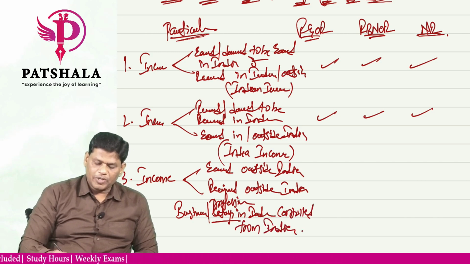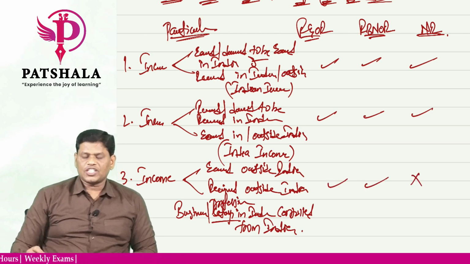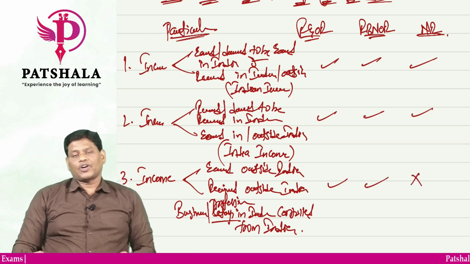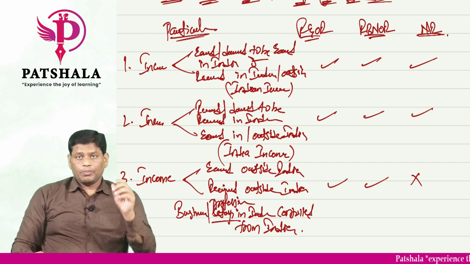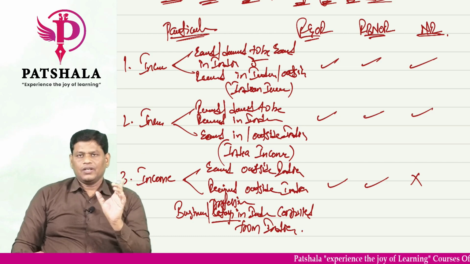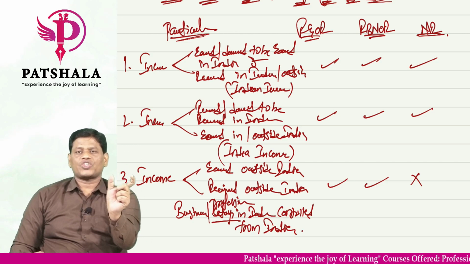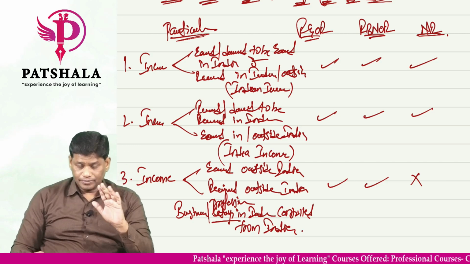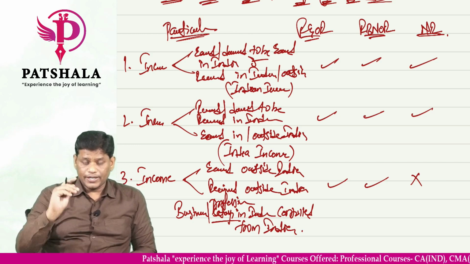This is known as a special foreign income, taxable for first 2 residents, not taxable for non-resident. For business we use the word control, for profession we use the word set up in India.